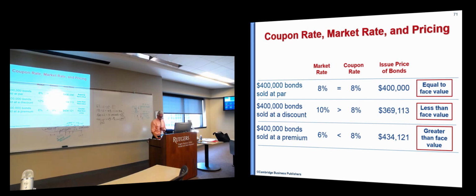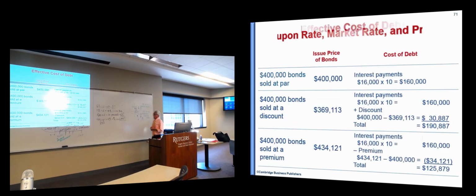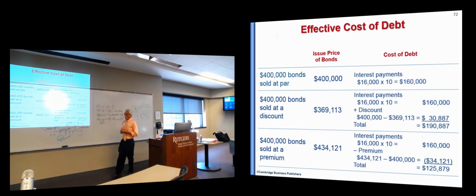And your effective cost of borrowing, as I've been trying to say with these diagrams, is going to be 160 in the case of a par value, because all you're going to pay effectively is 160. In the case of a discount, your interest goes up to 190,887. It's the sum of the payments plus the discount. That's your total expense.